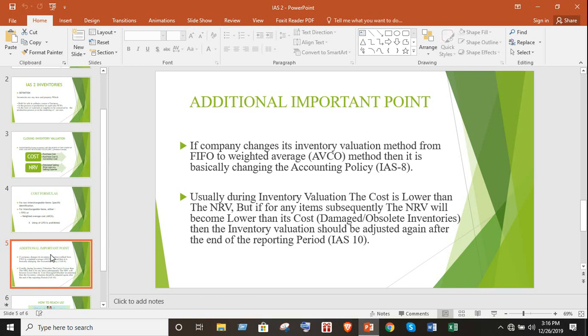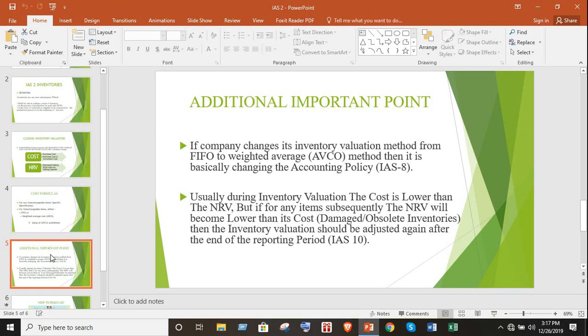So at 31st December 2018, you have valued your closing inventory at $5. But after 31st December 2018, the demand for this pen has declined. It became obsolete and the cost remained constant. Why? The cost you have already incurred. So the cost component is not changed, but the NRV that you estimated, which was $6.5, has now gone down below 5 and the NRV became $4.